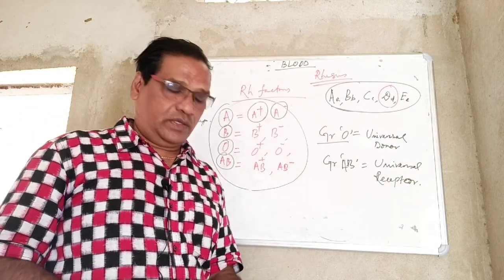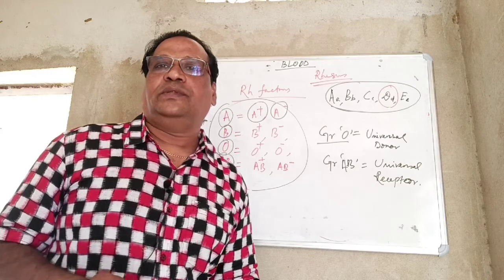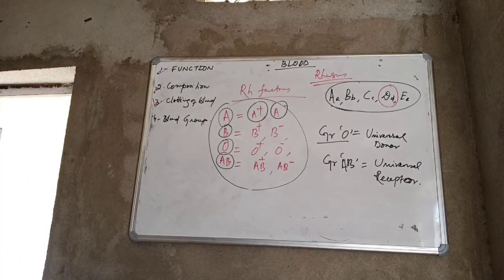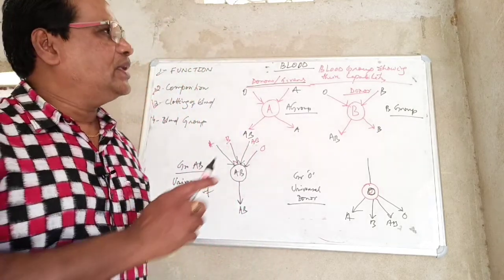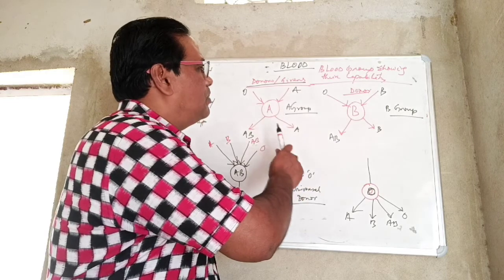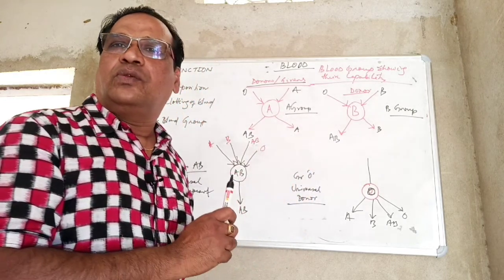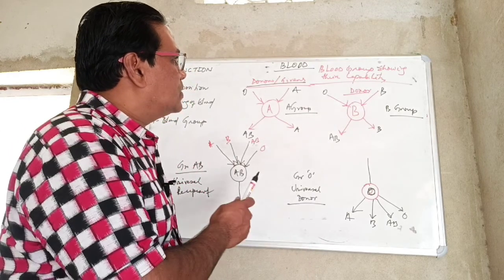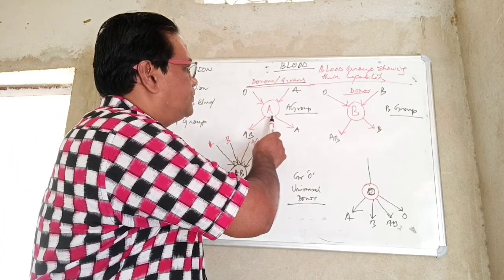Okay. Next is the grouping of blood. Blood groups show their capability, and according to that capability, blood is transferred to another person. So listen, first is the A group.